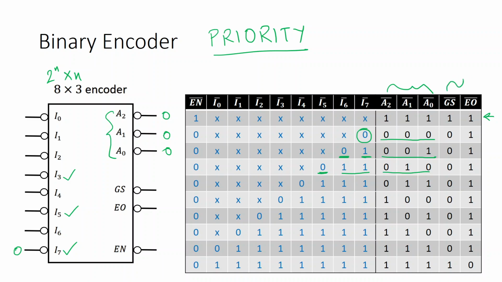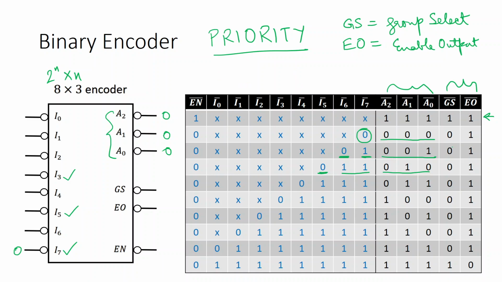Now I have these two additional signals, GS and EO. What are these? GS is called group select and EO is called enable output. These are useful signals in a priority encoder.